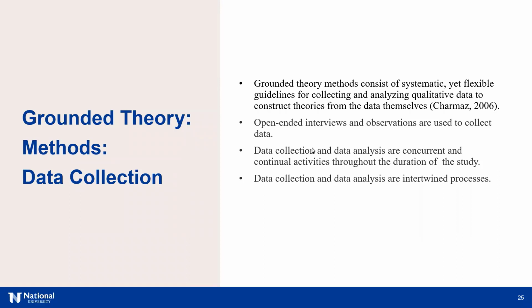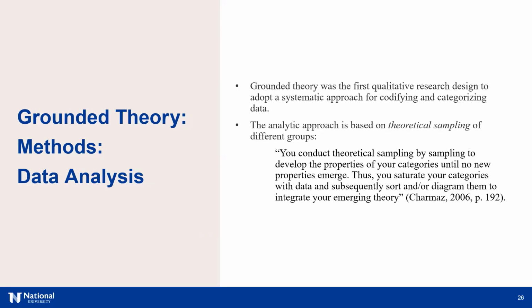Let's look a little bit more specifically at the methods of data analysis. Grounded theory was the first qualitative research design to adopt a systematic approach for codifying and categorizing data. This approach is based on a concept called theoretical sampling of different groups.